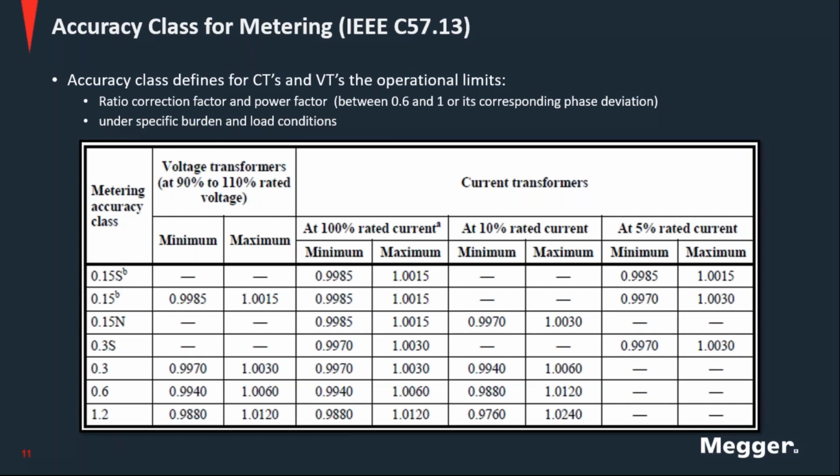So these instrument transformers do not deliver power, but they definitely have a load connected to them. They have a circuit that is basically composed of the wiring and the metering and control devices.